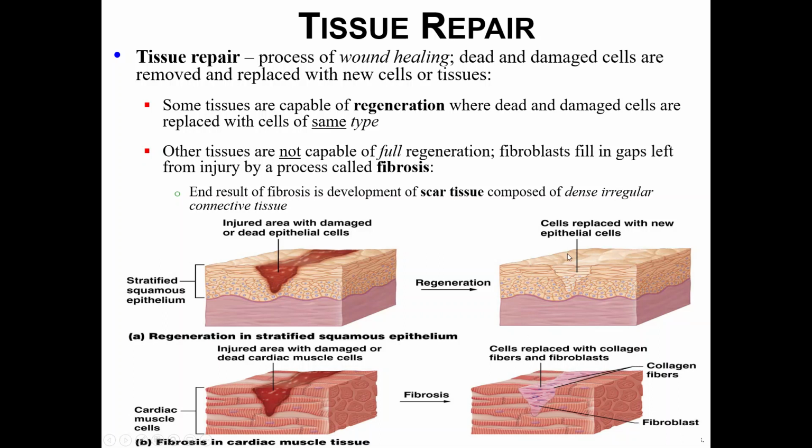Okay, the same could be said for epithelial tissue as well. If you damage your epithelium enough to where you are not replacing with new epithelial cells, but if you are replacing with scar tissue instead, then you are possibly losing functionality on your skin as well. So think about really bad burns, third-degree burns.